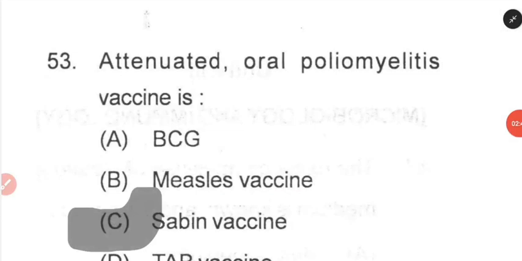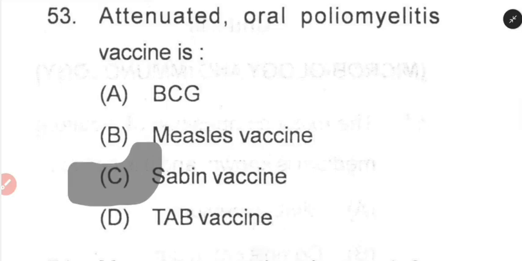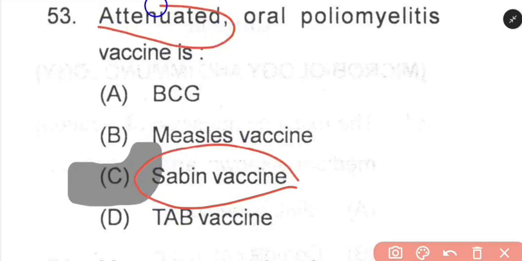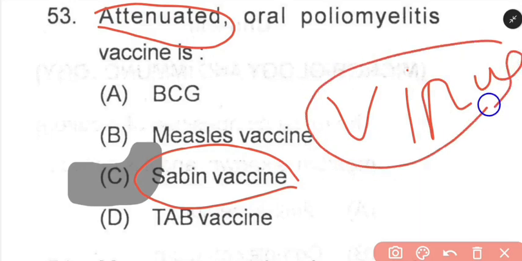53. Attenuated oral poliomyelitis vaccine is what? Sabin vaccine. These Sabin vaccines are attenuated. Attenuated means these vaccines contain viruses or disease-causing agents that are weakened, having non-infecting portions.